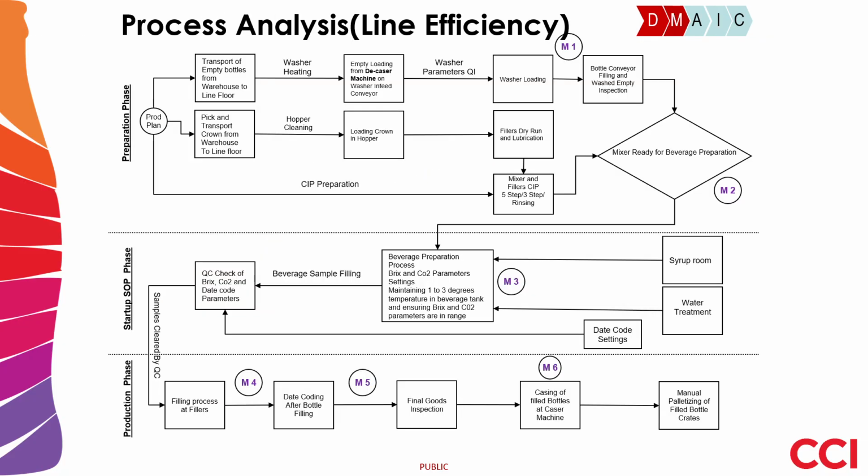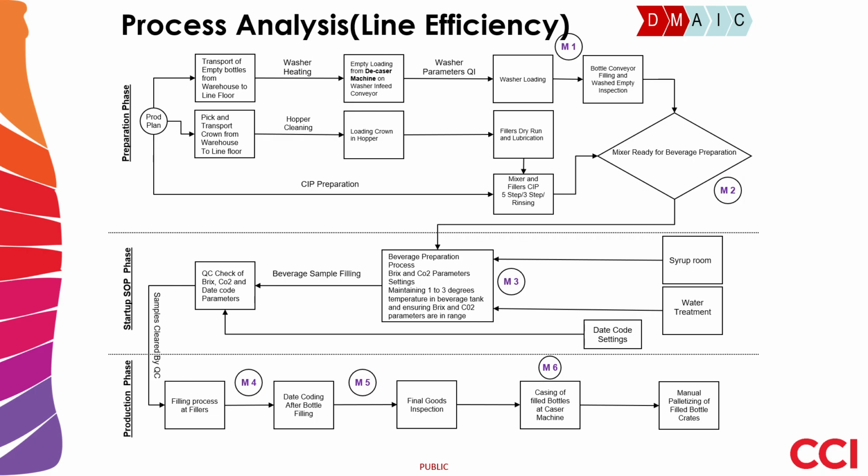Going forward, let's discuss another process analysis. This is for the project of line efficiency for a glass bottle line. We will just go through the simple processes. The first one is the preparation phase, where we receive the production plan.